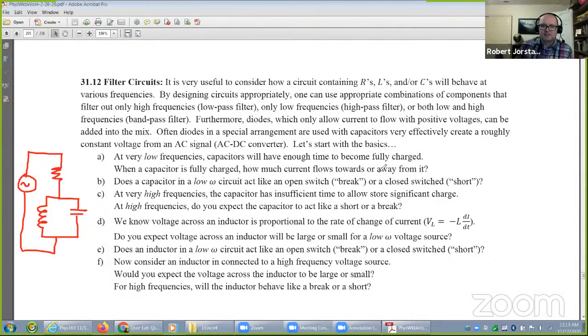Okay, so in this case, there's a bunch of words here up at the top. You could read that later. Let's focus on this. At very low frequencies, capacitors have enough time to become fully charged. When the capacitor is fully charged, how much current is going to flow near that capacitor?